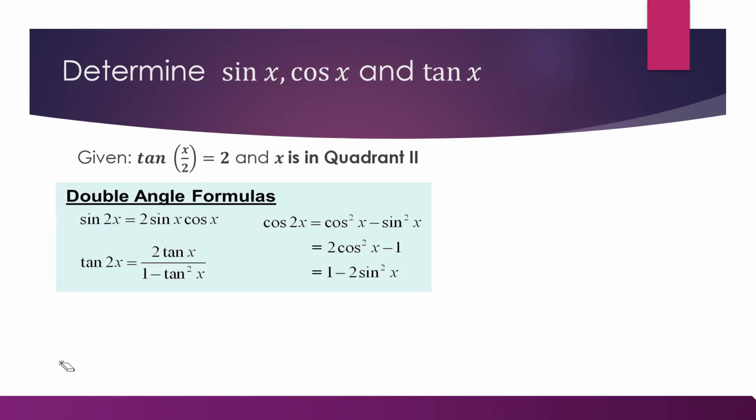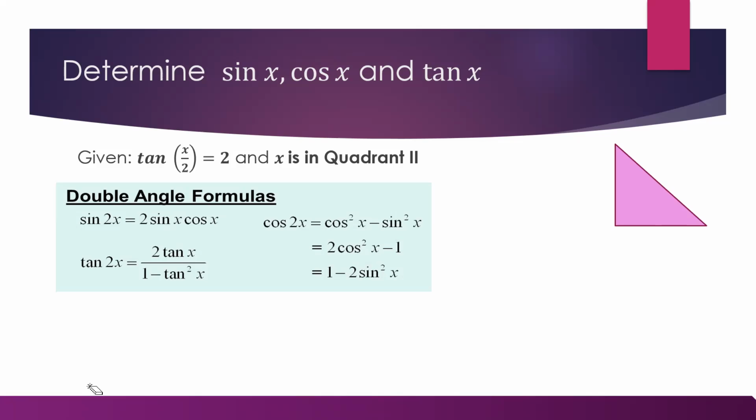Okay? So, ang magiging style natin dito is to solve first for the sine and cosine para magamit natin yung sine 2x. This is easier to use than this one kasi magkakaroon pa tayo ng quadratic equation dito sa iba. Okay? So, we prefer using the sine of 2x na formula. Okay?